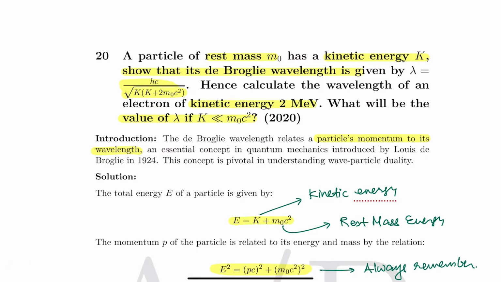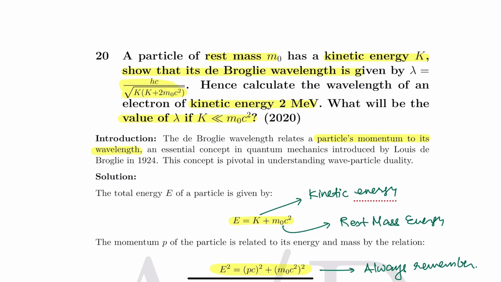Now we have the last question of this lecture: a particle of rest mass m0 has a kinetic energy K, and we are required to show that its de Broglie wavelength is given by lambda equals hc divided by the square root of K times (K plus 2 m naught c square).